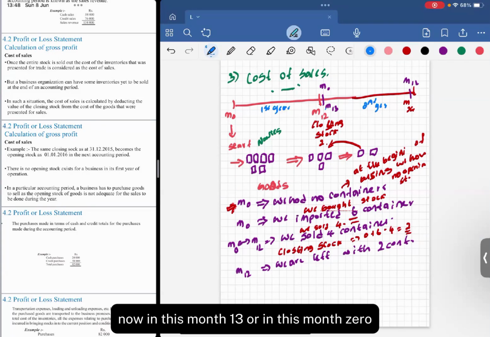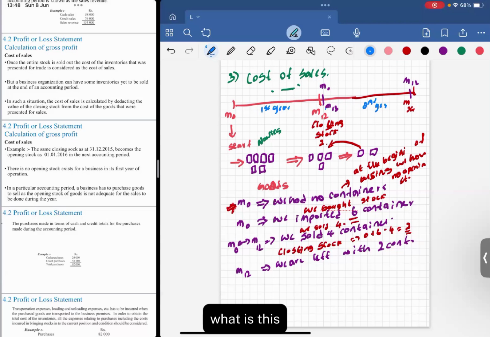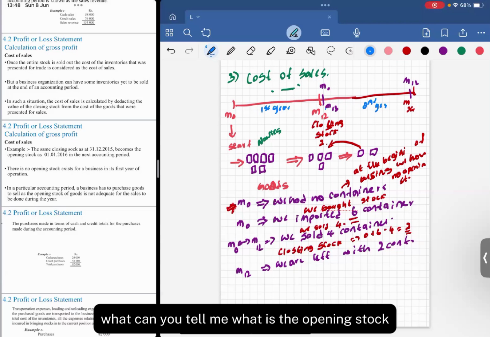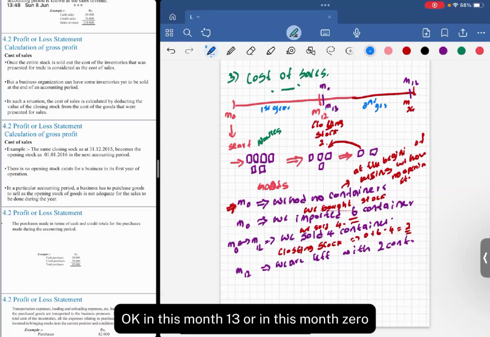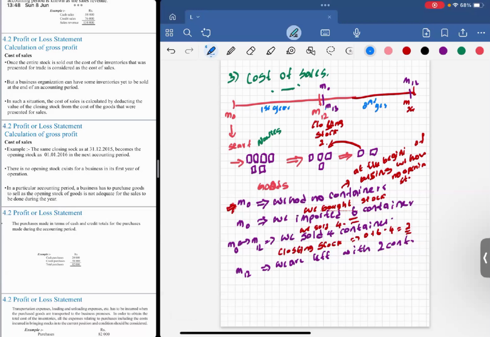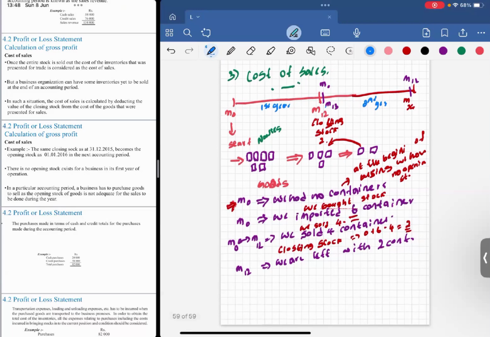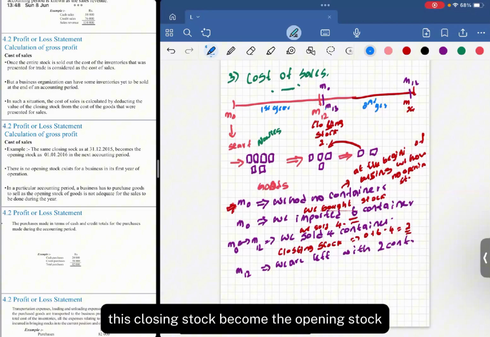Now in this month 13, or in this month 0, can someone tell me what is the opening stock? In this month 13, or in this month 0, this closing stock becomes the opening stock.